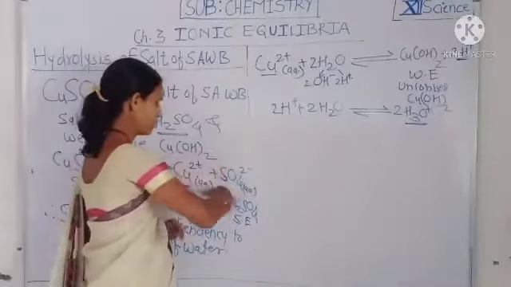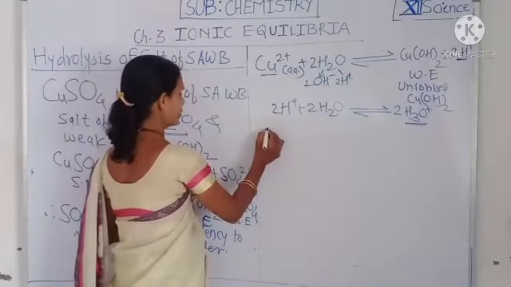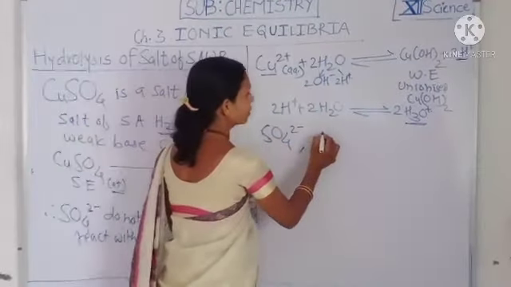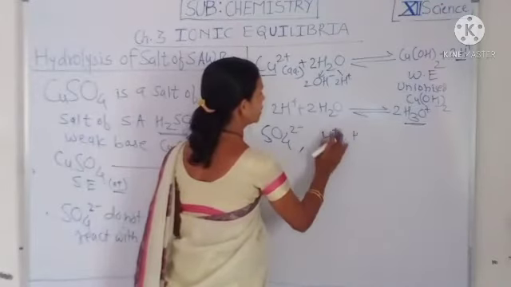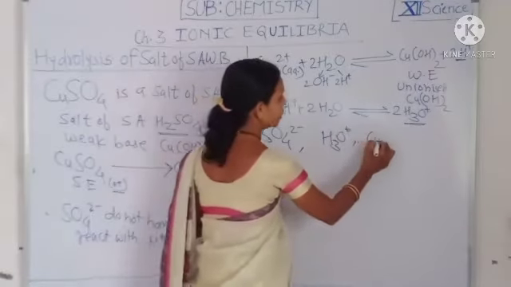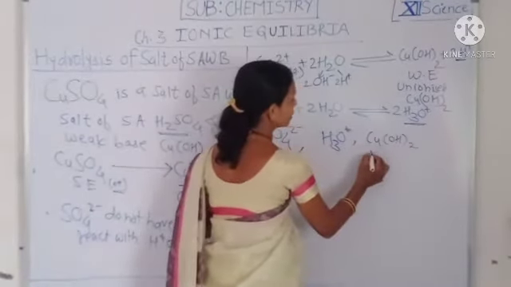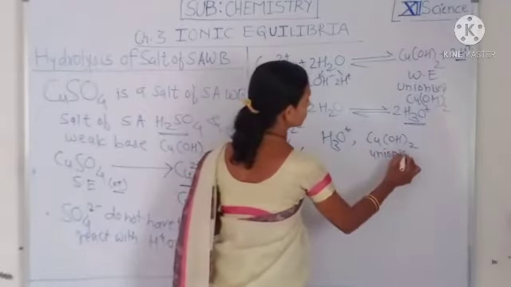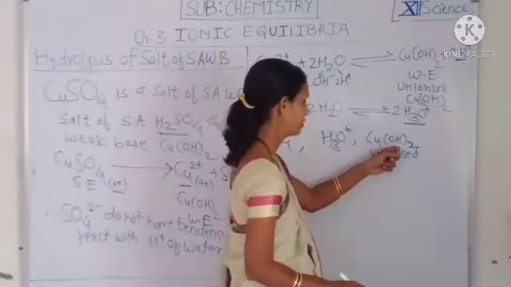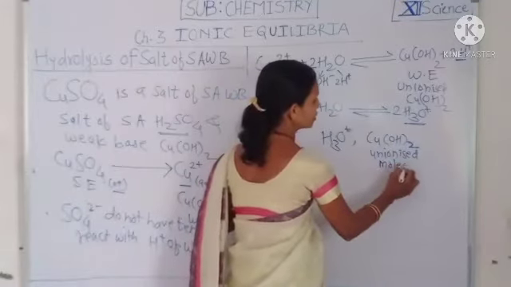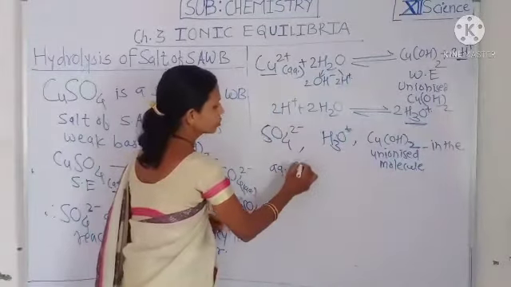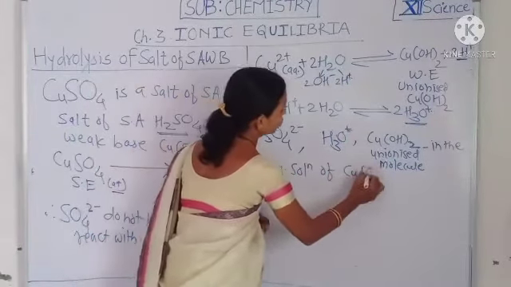That means here overall there are SO4 2 minus, H plus ion, that is H3O plus ion, and Cu(OH)2, that is unionized Cu(OH)2, copper hydroxide unionized molecule, present in the aqueous solution of CuSO4.